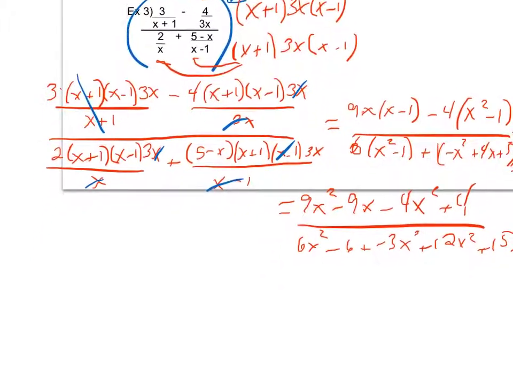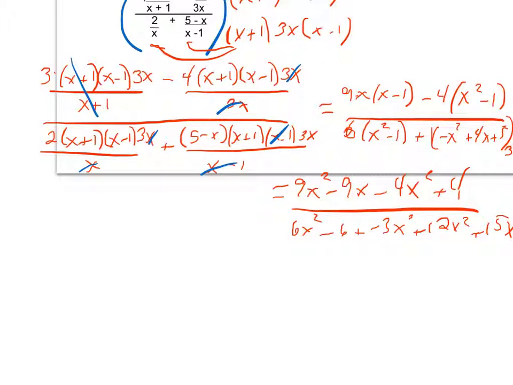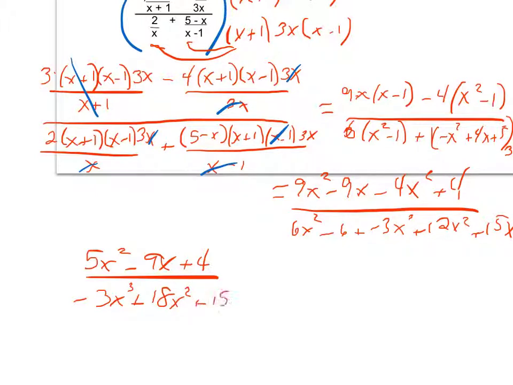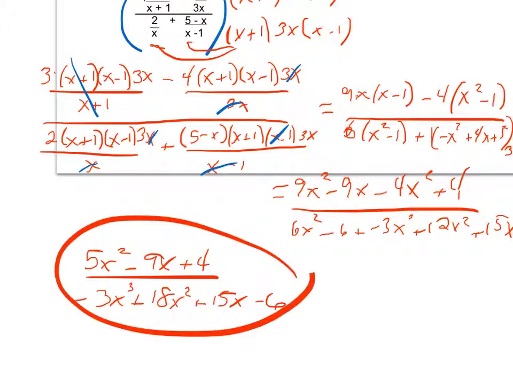And then lastly, I'm going to go ahead and combine my like terms. And I get on top 5x squared minus 9x plus 4 all over negative 3x cubed plus 18x squared plus 15x minus 6.